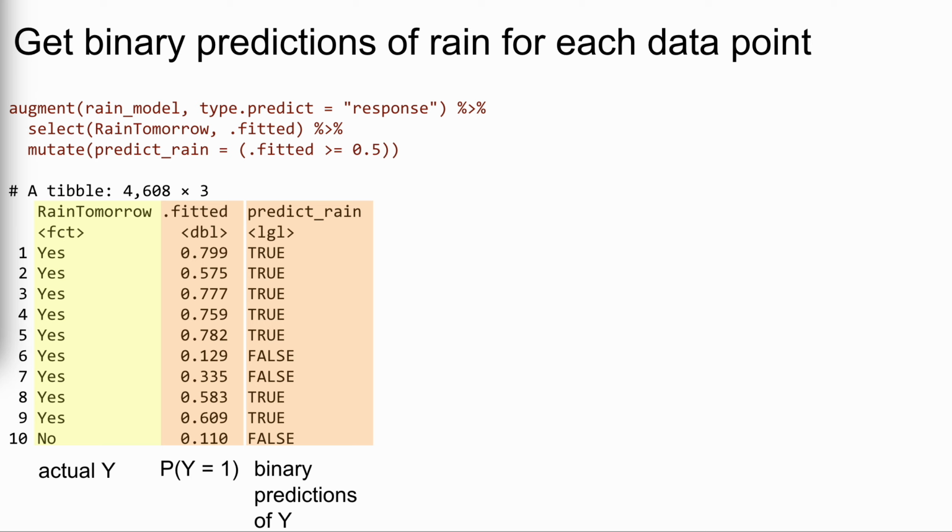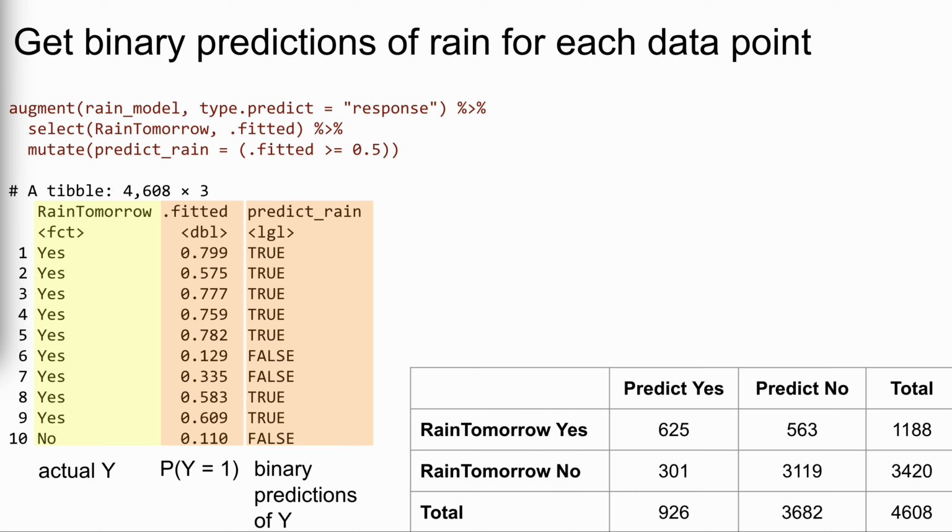So for each data point in the dataset, we now have the actual rain tomorrow outcomes in the first column and binary model predictions of rain in the third column. To evaluate the accuracy of these predictions, we essentially want to compare these 2 columns. And as we learned in the previous video, we can summarize these comparisons in a confusion matrix.